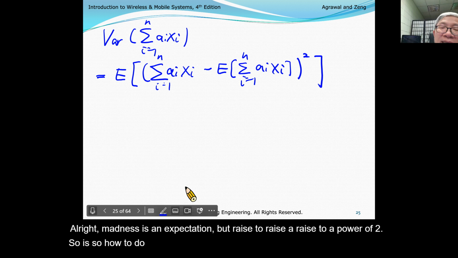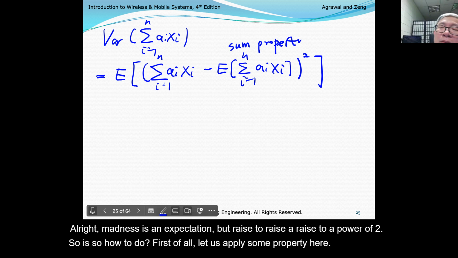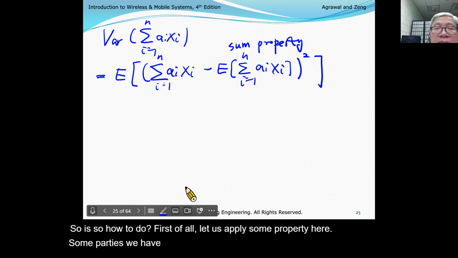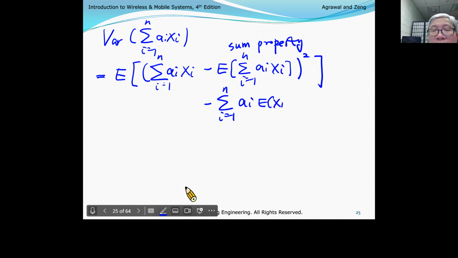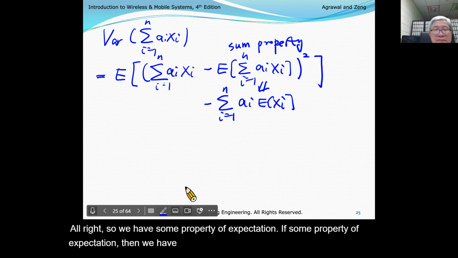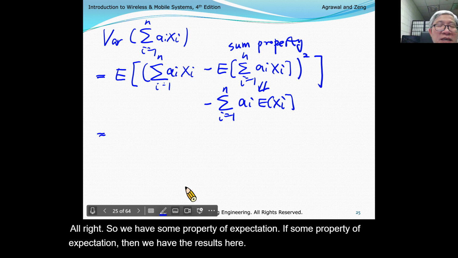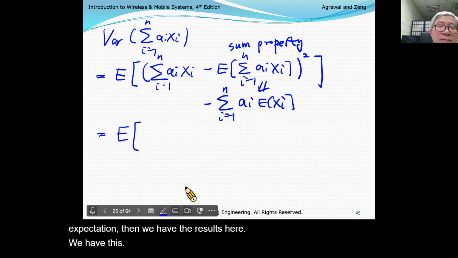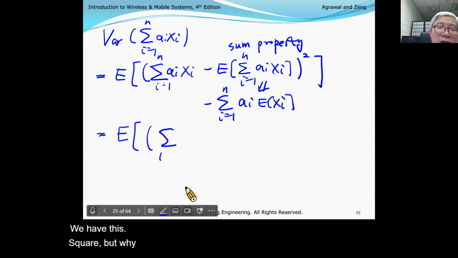First of all, let us apply some property here. Some property, so we have these. All right, so we have some property of expectation. If we use some property of expectation, then we have the results here. Oh, we have these. Square, but right now we can have the derivation.